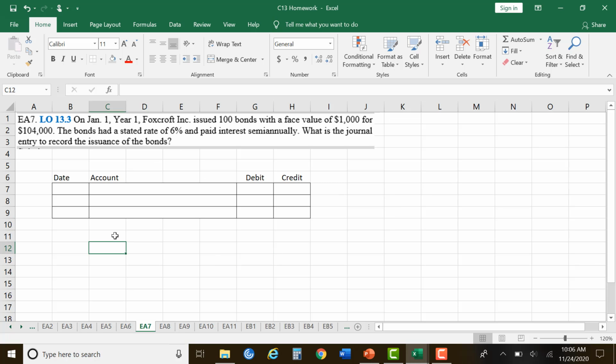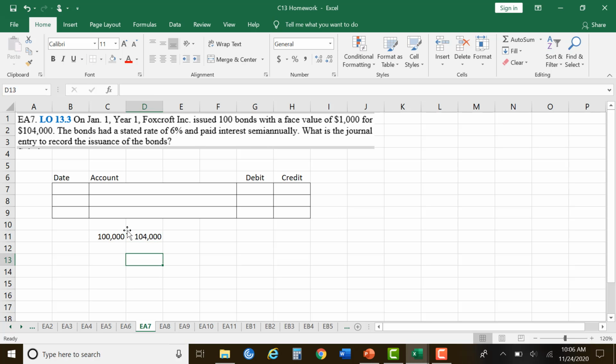Okay, so let's figure out how we sold them first. It doesn't tell us if we sold them at 100 or whatever, but it says we sold $100,000 in bonds, and we sold them for $104,000.